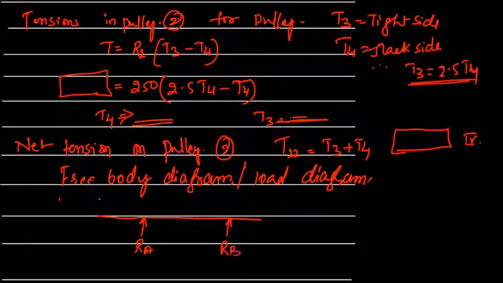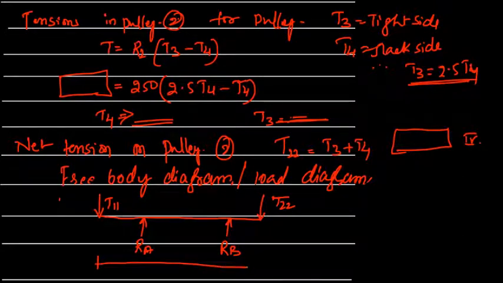Now the total tension acting on the left hand side is T11. On the right hand side, it is T22. Now you have dimensions here: 250, 500, 250.